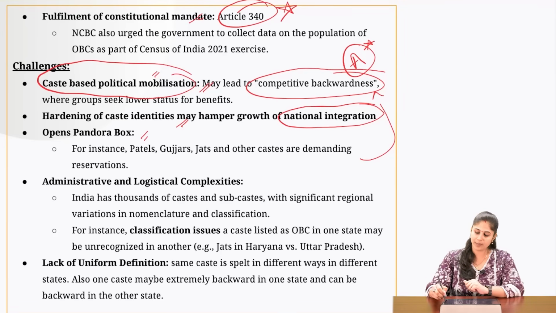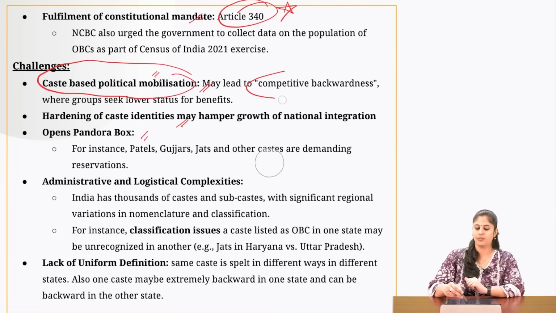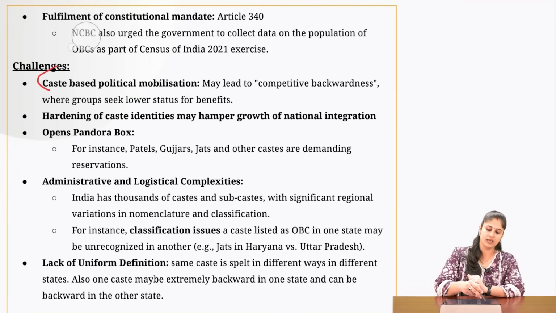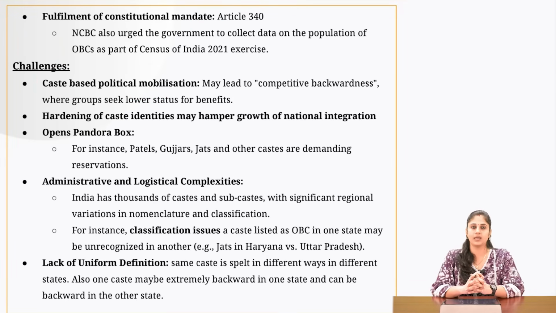And that is going to open the Pandora's box. One or the other caste group, by getting the support from the political parties, everyone would start demanding that we need reservation benefits. What about equity? What about administrative efficiency? So just based on the caste, you can't put the administrative efficiency at stake.